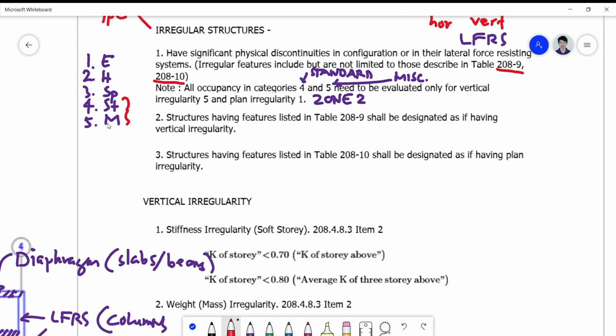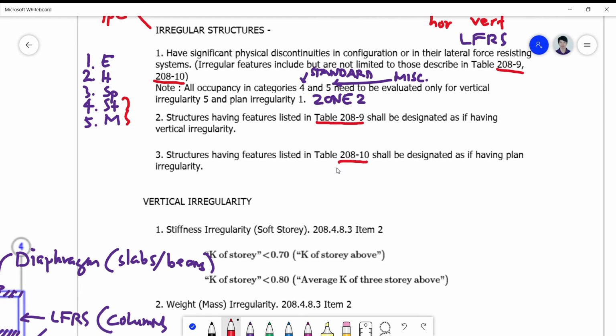Okay, for number 2, definition of irregular structures, we have to bear in mind that we have to look at the two tables here. In order to define what irregular structure is, we must have some understanding of what Table 208-9 and 208-10 offer us.